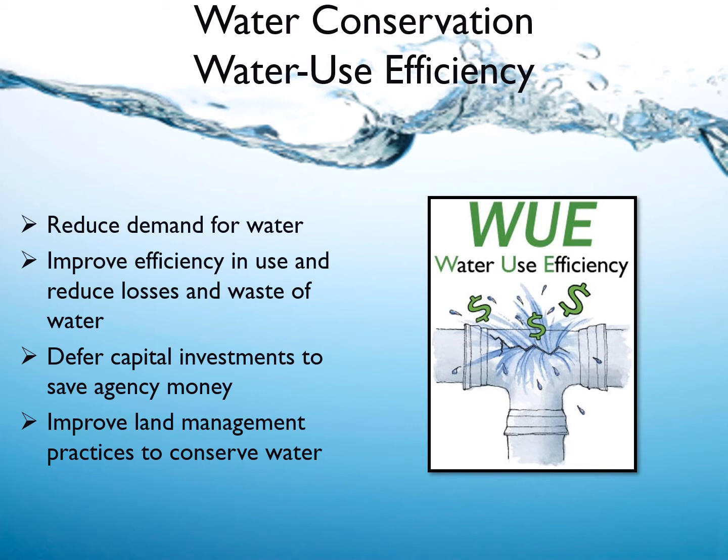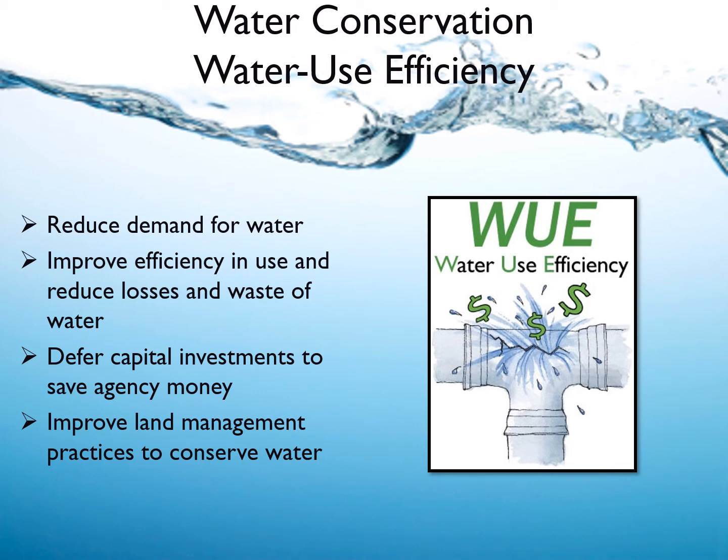Engineers think of it this way. They want to build more reservoirs, more dams, more conveyance projects, whereas a conservation person or a water use efficiency person is looking at reducing demand at the locality, at the spot where the water is used. This is actually a really important concept.